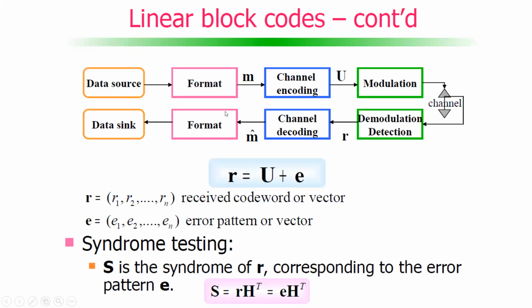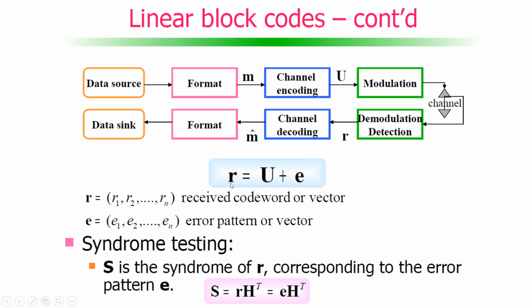Now at the receiver, let us say you receive a vector r, which may be a corrupted vector. How will you come to know that it is a corrupt vector? If you multiply r with H transpose, that will not be equal to 0. If that is not equal to 0, that means this is not a valid code word.